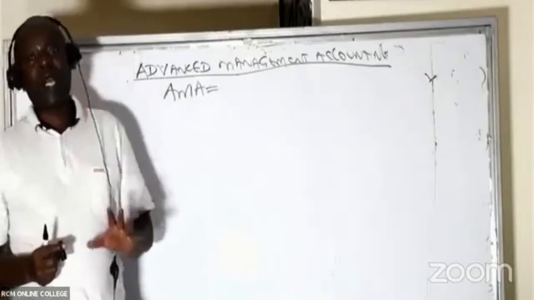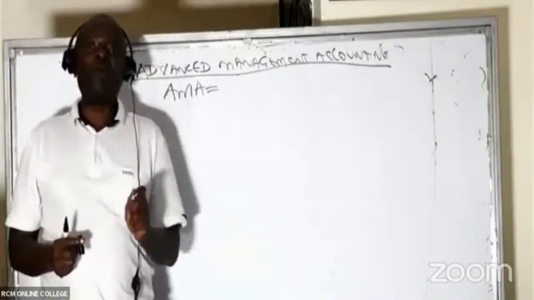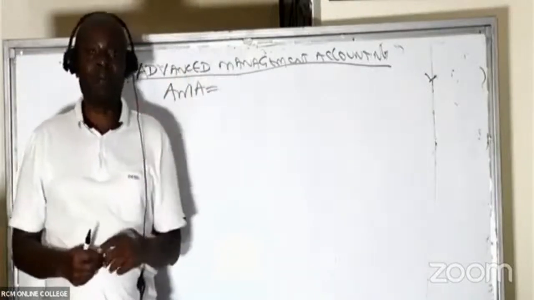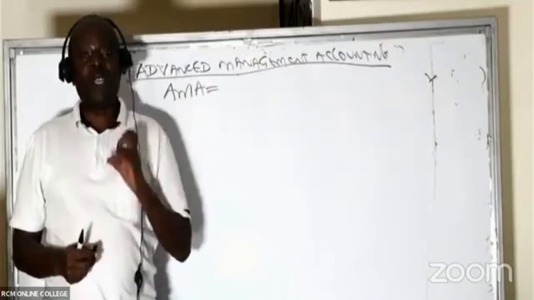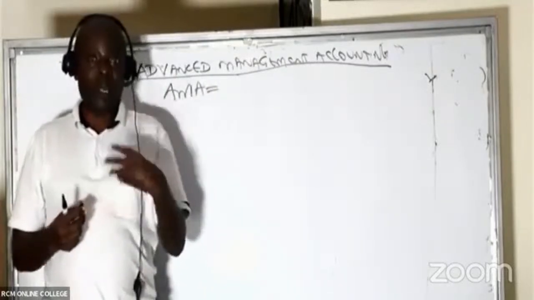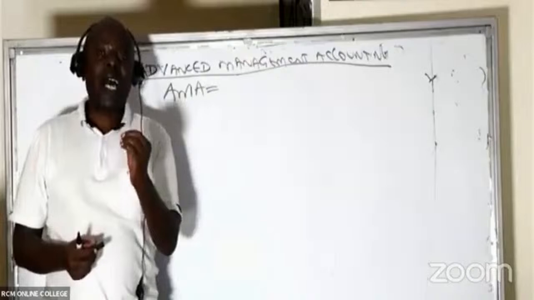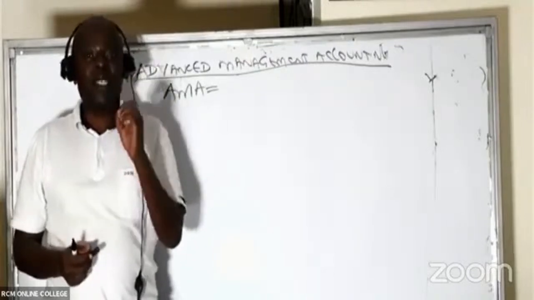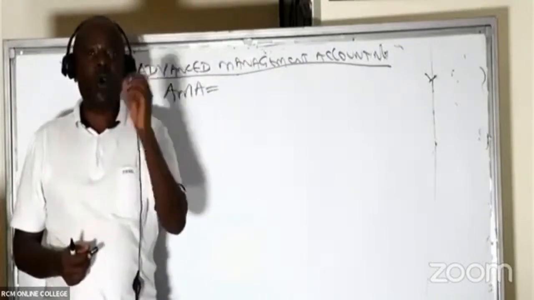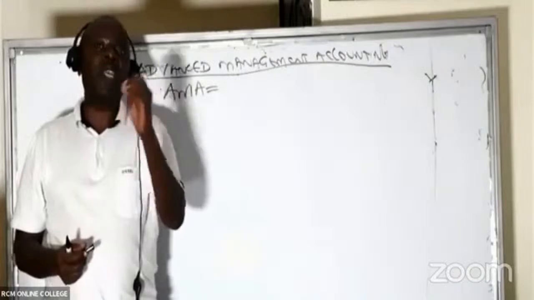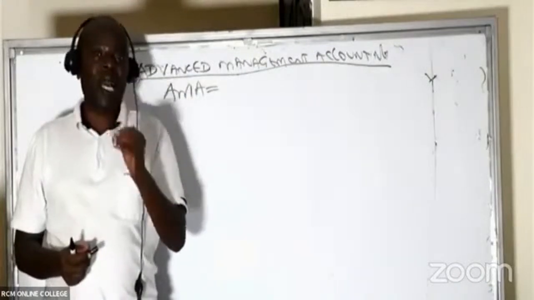Remember, management accounting is all about advising the management. So you, as a management accountant, are giving information to the management so that the management can sit down and make what we call informed decisions given your advice.